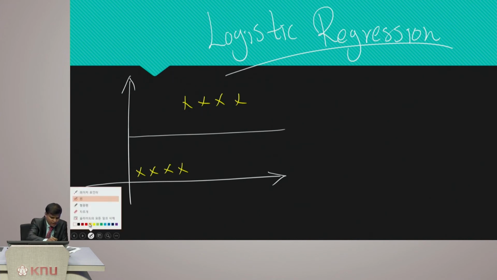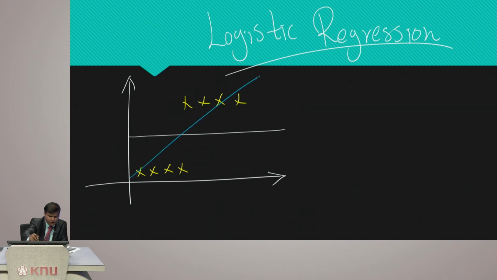If I go by the traditional way, we are going to use some kind of line, a linear regression line, but this doesn't fit all the data, and that's a question, right?